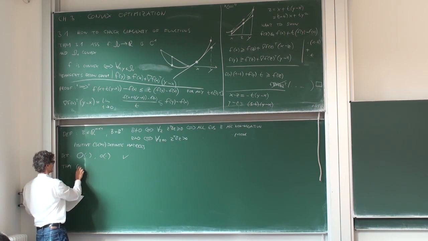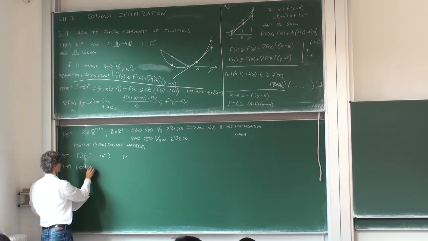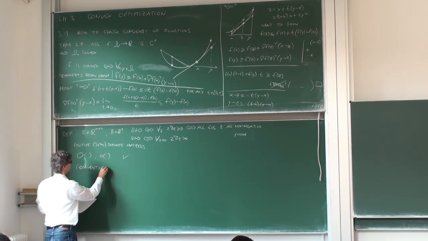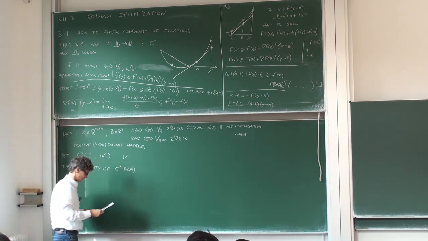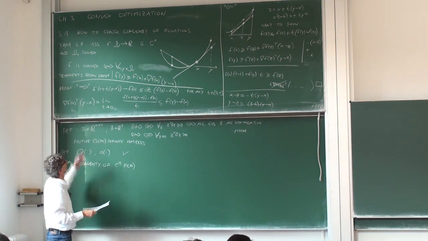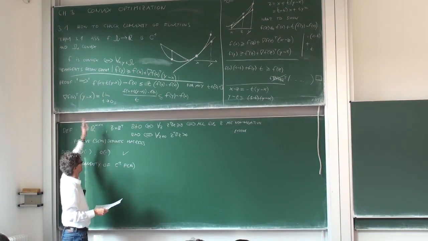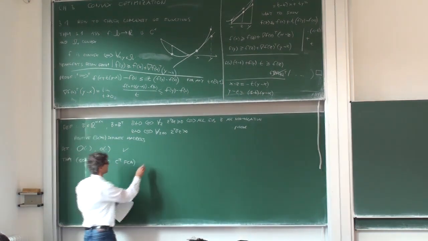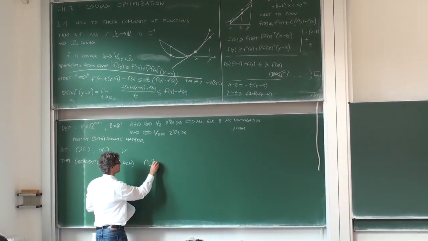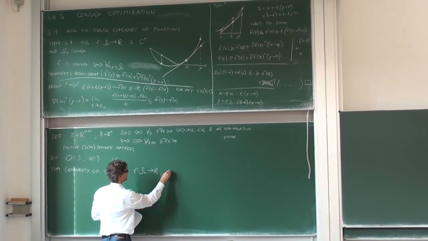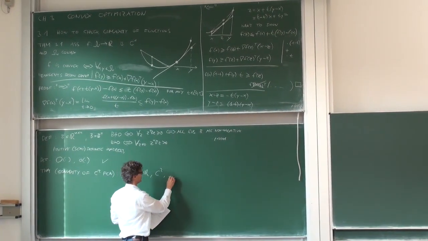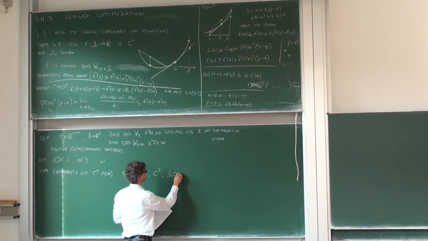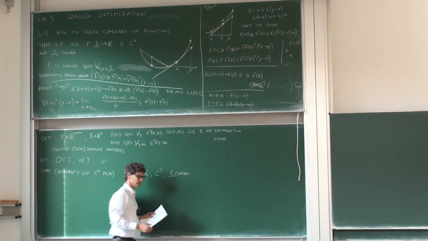It's a necessary and sufficient condition for convexity of C2 functions. What we will assume is, again, like above, that we have a function f defined on a convex domain, but that it's a C2 function, and omega is convex. So these are our assumptions.